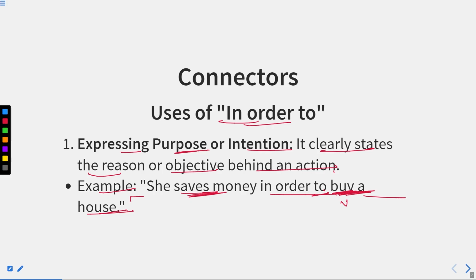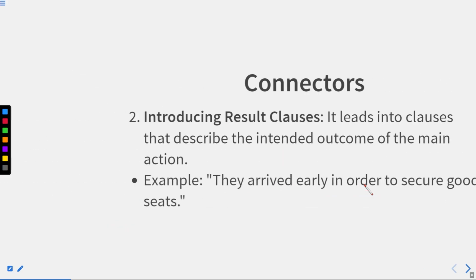It means this is not joining two sentences together, whereas this is only one sentence in which we have used this to and we have linked the verb or this phrase, buy a house. This is the phrase, not the entire sentence or the clause. So I'm joining the clause with a phrase. Okay, and that is a preposition which denotes this purpose or the motivation. This is known as a preposition denoting purpose.